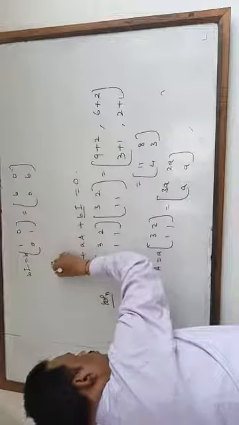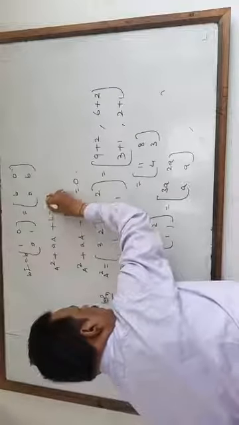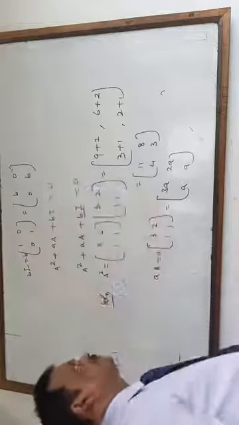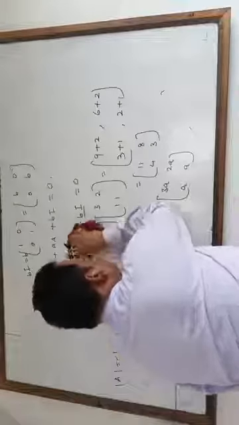Okay. A square plus A plus BI equals 0. So what you have to do?